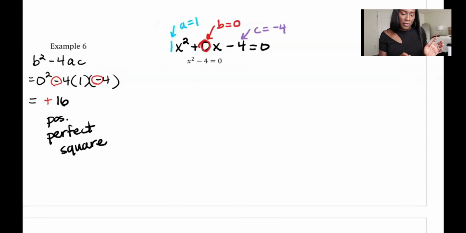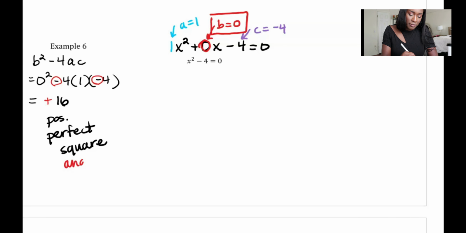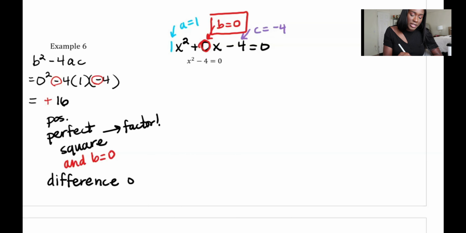Okay. So now that I know that it was a positive perfect square, let's factor it. So notice here that b is 0. If b is 0 and your quadratic can factor, and we know that it can, since we got that positive perfect square, that means that you are working with something called a difference of squares.